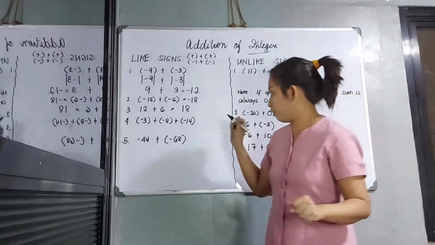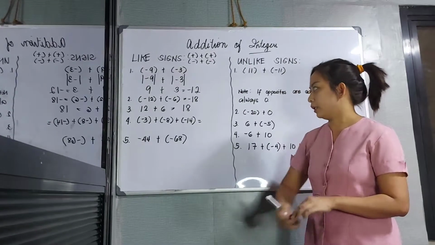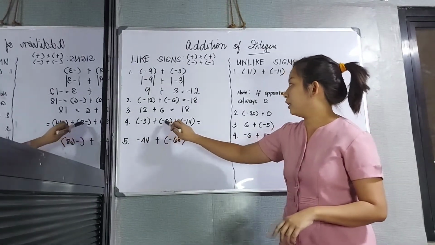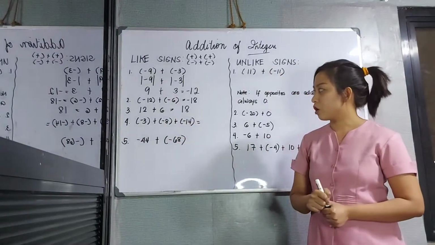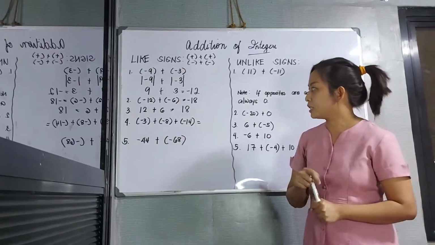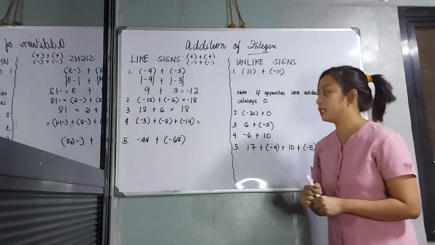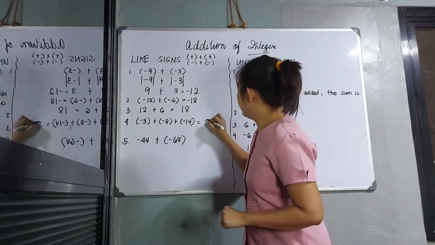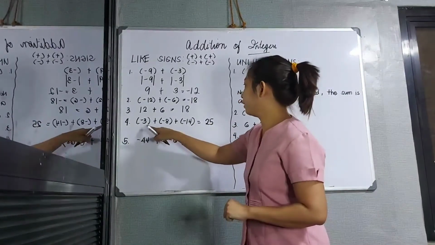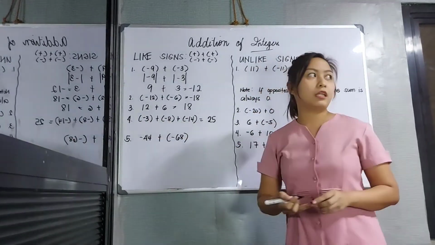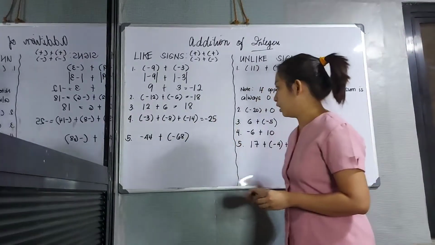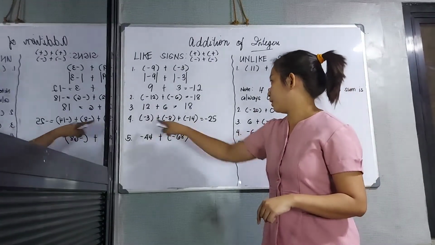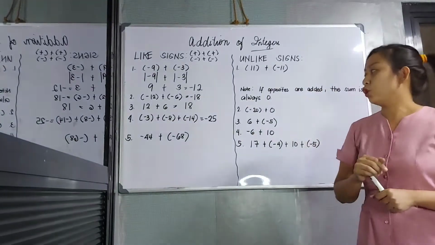What is the sum of these 3? 3 plus 8 is 11. 11 plus 14 is 25. Then copy the sign. Negative, negative, negative, therefore our answer is negative 25. Am I correct? 14 plus 8 is 22, plus 3, that is negative 25.